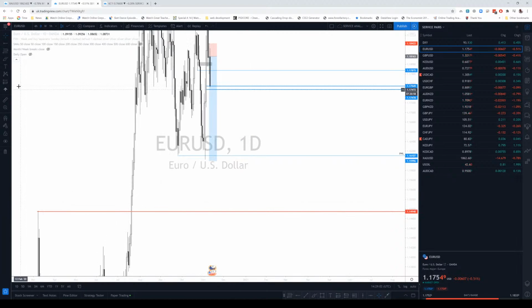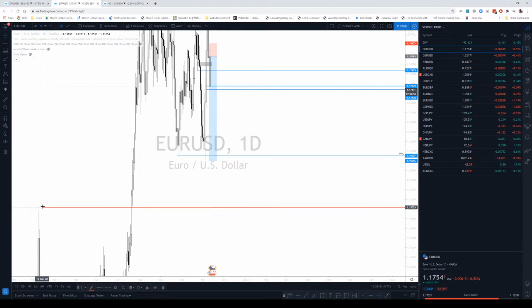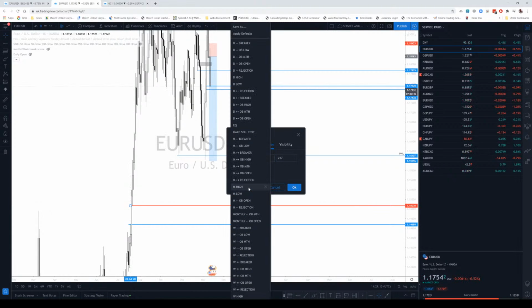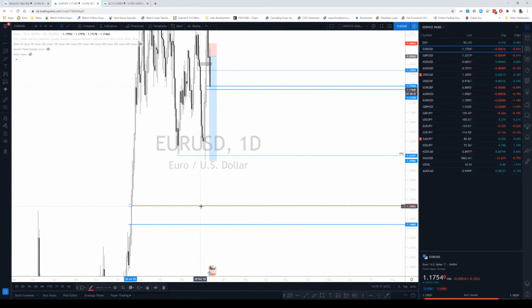So going forward, that's where I'll be looking for price to come to. If what I'm seeing on dollar is right, then that's where I'll be watching. Okay, that's what I'll be watching.